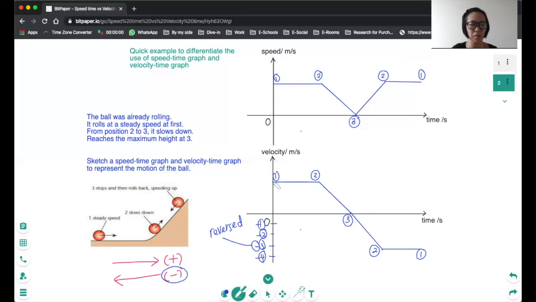You can tell that from position 1, 2, and 3, it is in the same direction, and subsequently when the graph shows a negative portion, it shows that the ball has reversed its direction. I hope this is useful for you to tell the difference between a velocity time graph and a speed time graph.